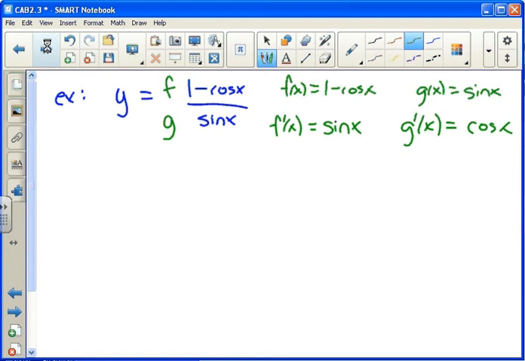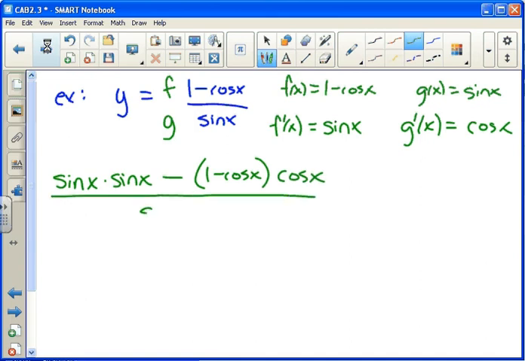I do f prime times g, sine of x times sine of x, minus f times g prime, all divided by sine squared x.